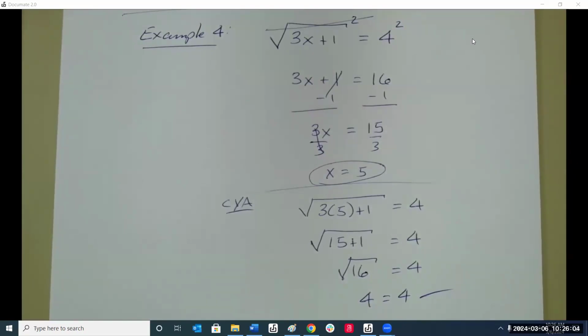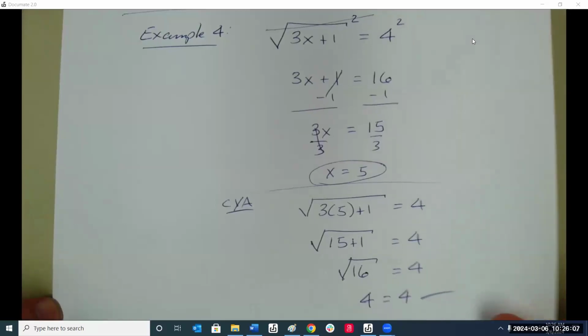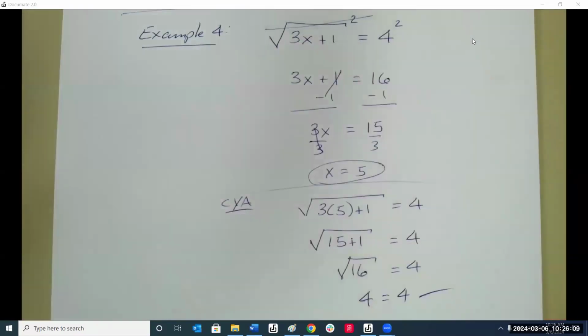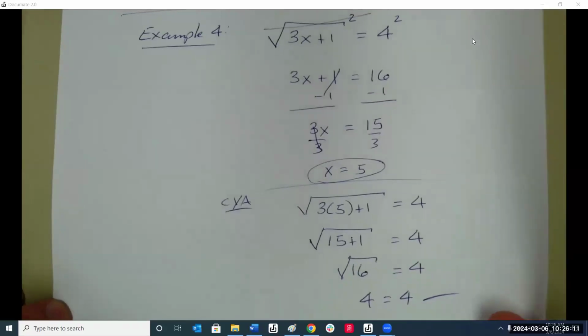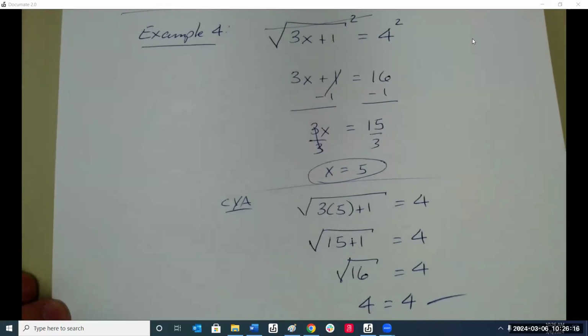Let me give you another example. Now, this one doesn't have anything in front of it or behind it. Let's look at that first. Got it?